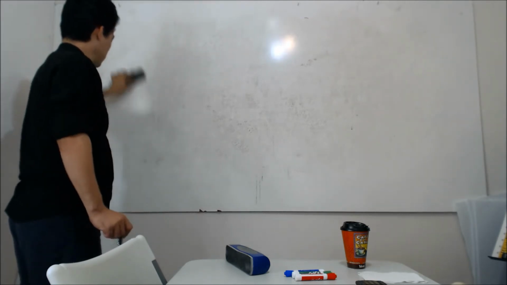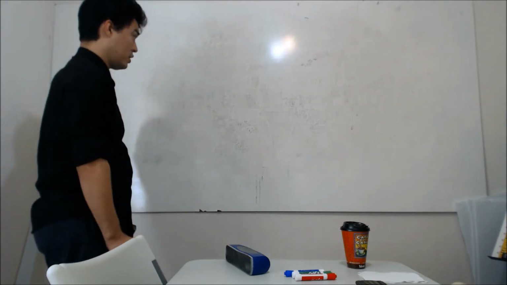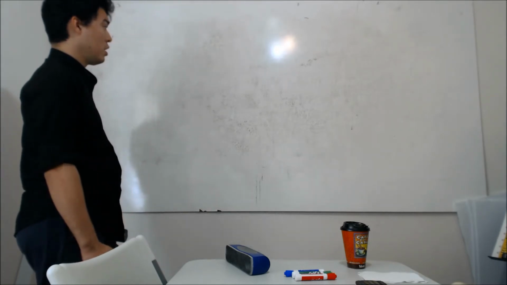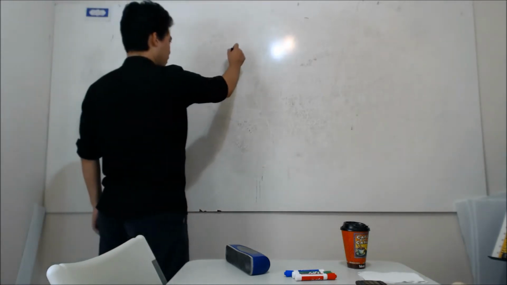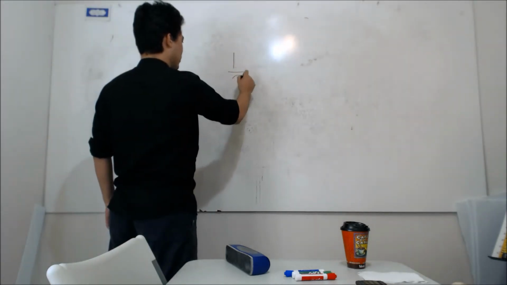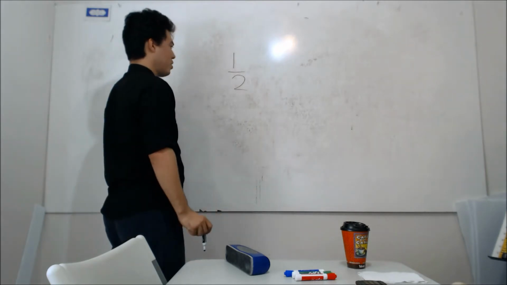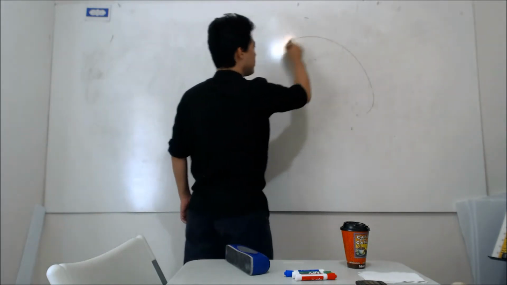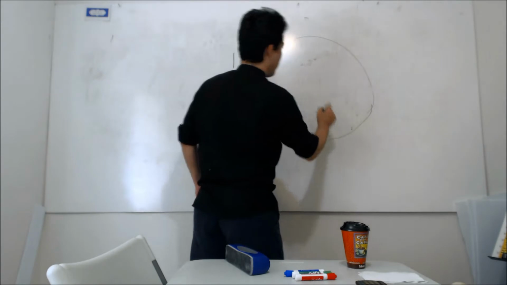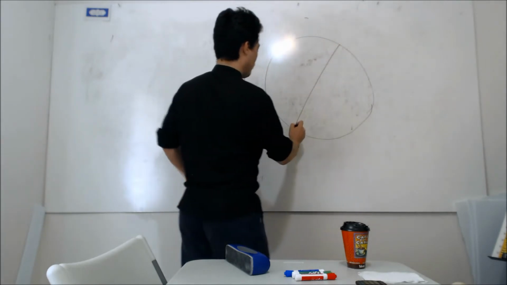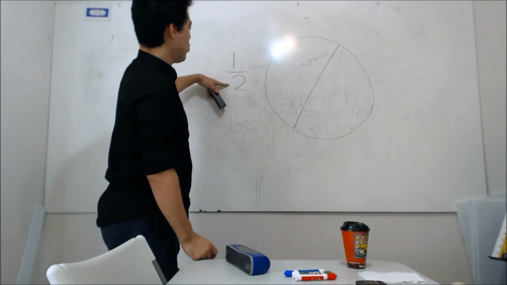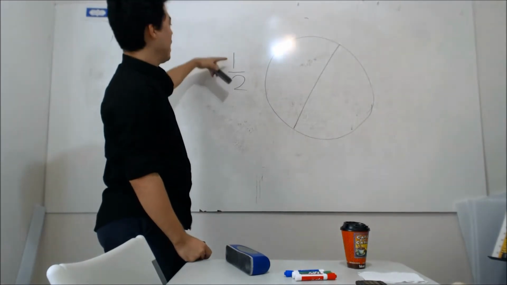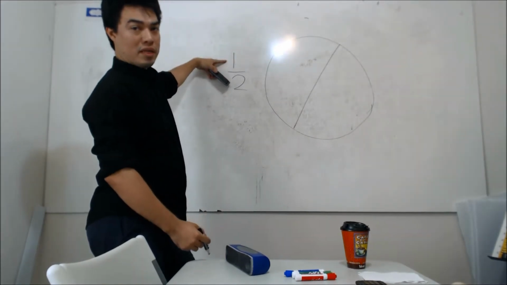Now, let me give you another example of a few more ways of looking at this. Like 1/2, we can take our pizza and slice it into 2 equal pieces, because the denominator is the number of pieces that the whole has been sliced into, and it says here that this is 1/2 of the pizza.